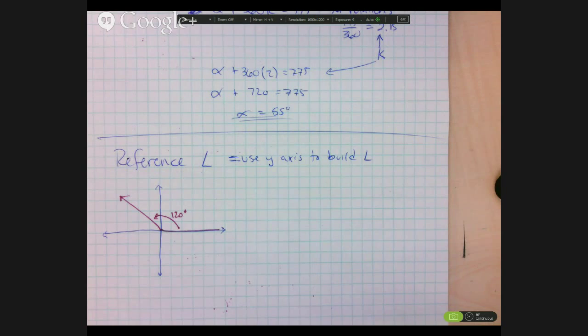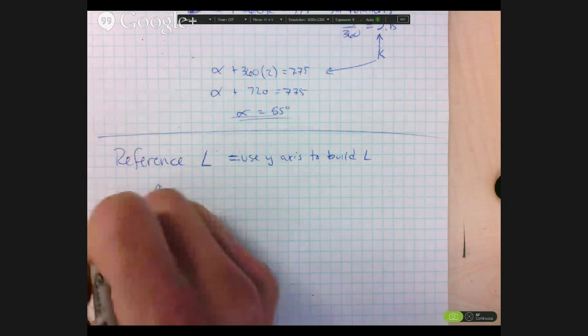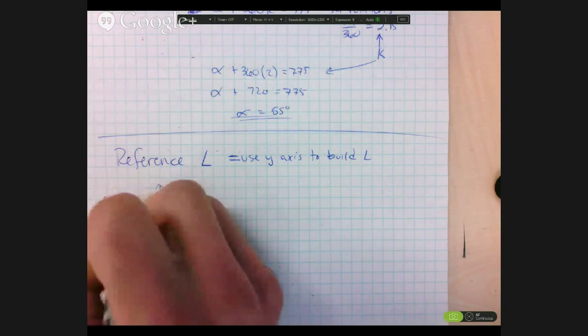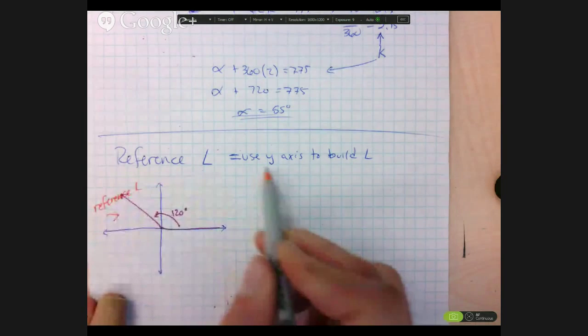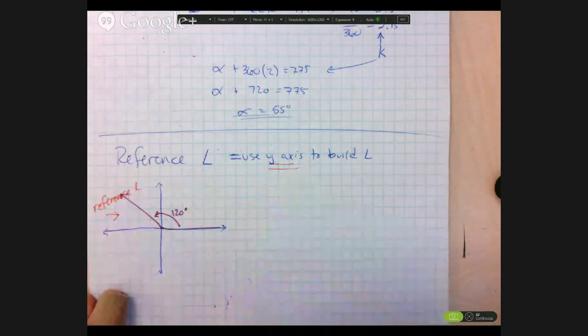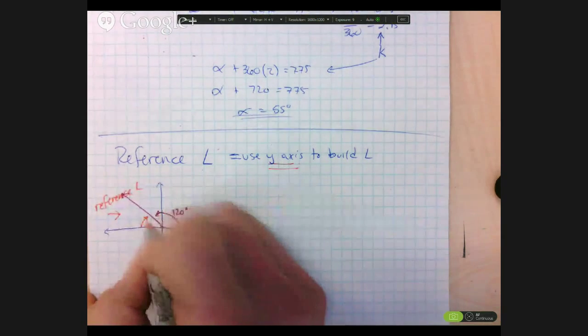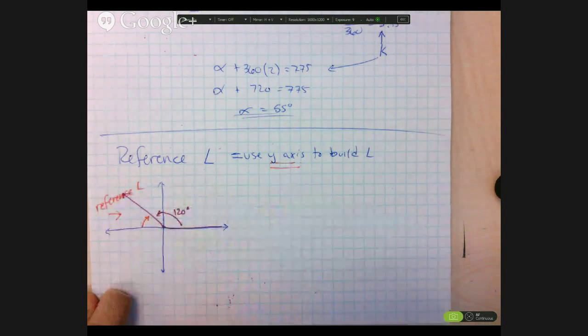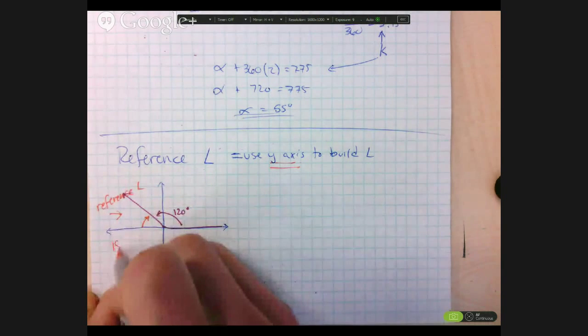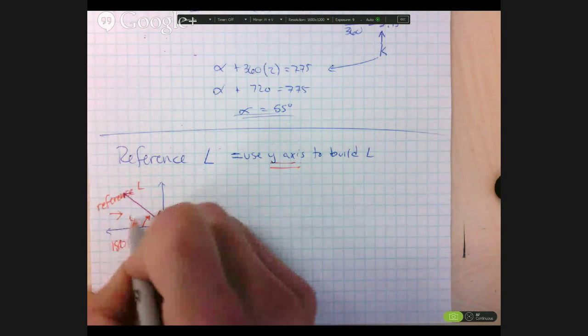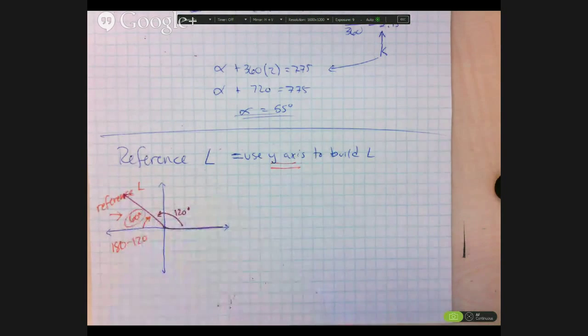So we have to build what's called a reference angle here with the y-axis. Okay, so what would that angle measure be? 180 minus 120. The reference angle is 60 degrees, and that's what we would use with sine, cosine, and tangent, and the other three that you're going to learn this year: secant, cosecant, and cotangent.